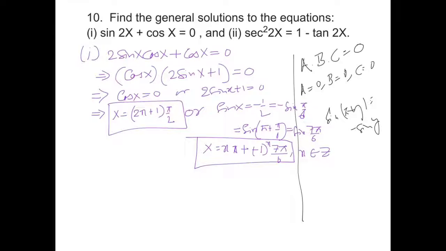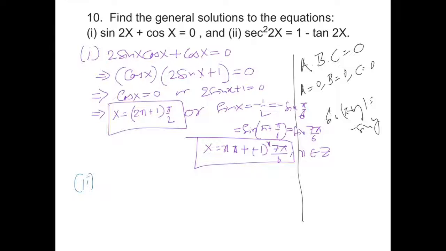Let us now look at the second part of the question, sec squared 2x equals 1 minus tan 2x. Now we know that sec squared y can be written as 1 plus tan squared y. So therefore sec squared 2x can be written as 1 plus tan squared 2x. And we can see that 1 would get cancelled on the two sides, and we can get tan 2x as common. So let us write that.